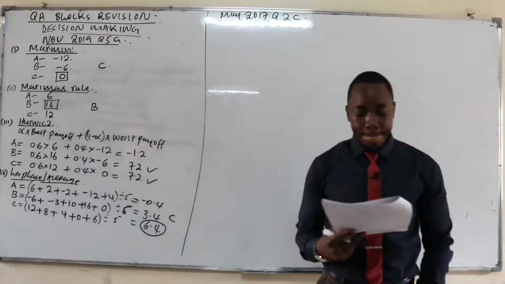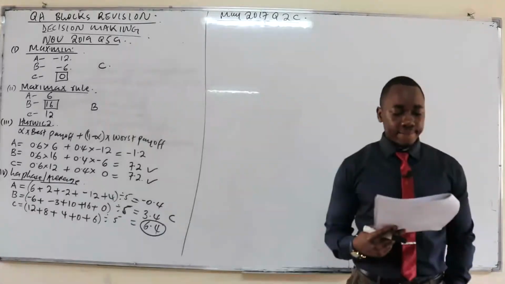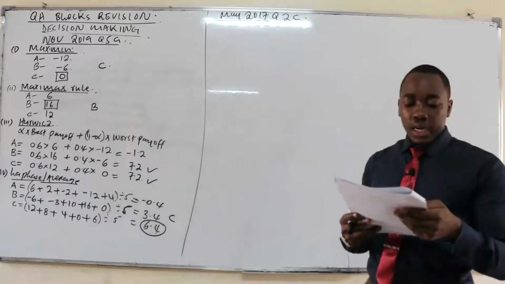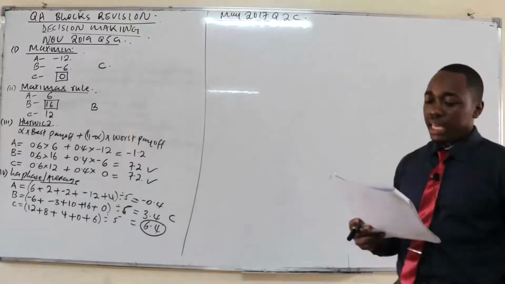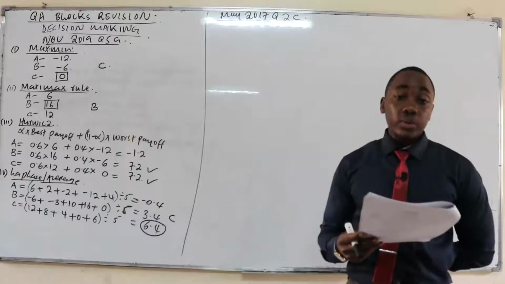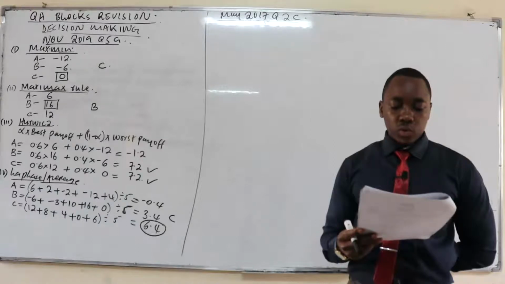So hoping we are there. So we are told that, yeah, that's May 2017, question 2C. ABC Limited has recently developed a new product named X. The demand for X is expected to be low, medium, or high, with probability of 0.25, 0.45, and 0.3 respectively.